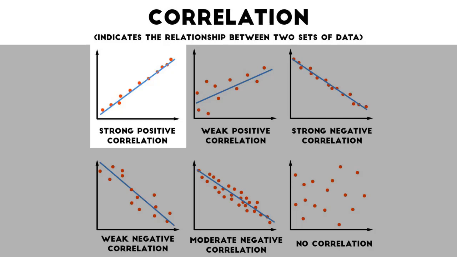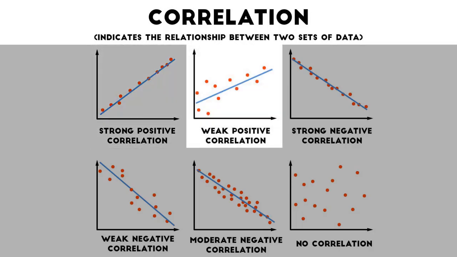So if shoe size was on the x-axis and height was on the y-axis, then what the strong positive correlation would tell you is, if you had two sets of data from each person that you were collecting data from, one is their shoe size and one is their height, and you were to plot all of that data, then a strong positive correlation means that in general, the taller you are, the bigger the shoe size.